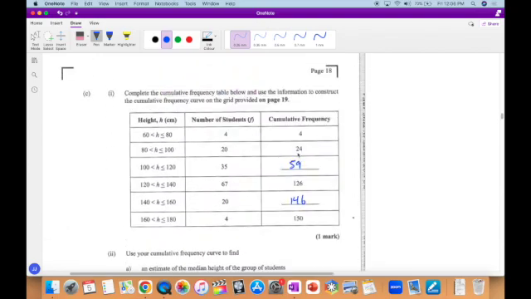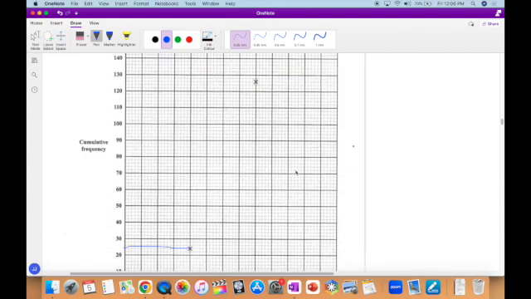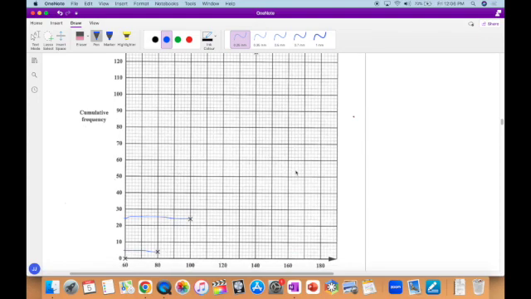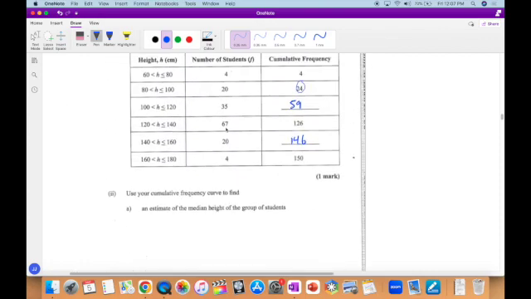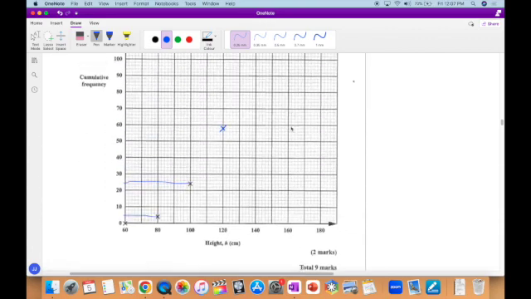Yes, and sorry, 24. So they use the upper boundary with the cumulative frequency. That means at 120 will be about 59, so at 120, around 59 might be like here. And then 67: 140, 126.